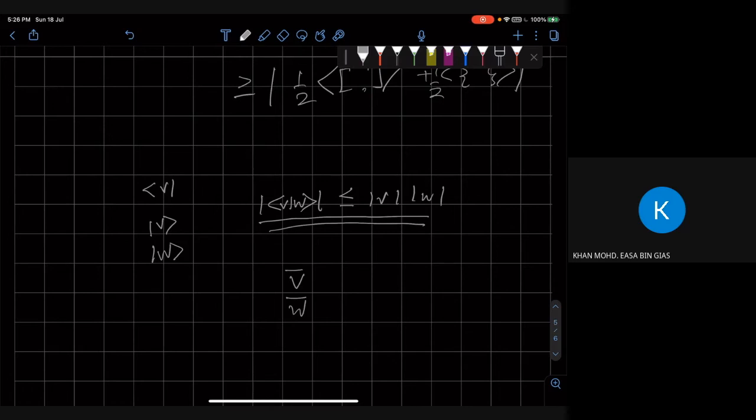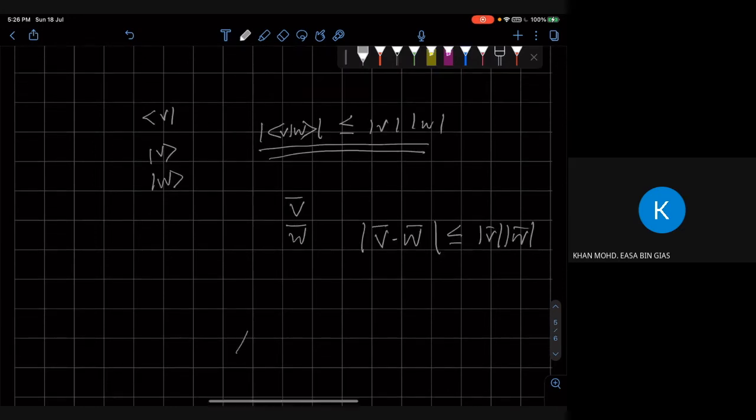The left-hand side is the absolute value of the dot product of V and W, and this is going to be less than or equal to the length of V times the length of W. So if these are two vectors, when is the dot product going to be the greatest? Because that's when this equality will be saturated.